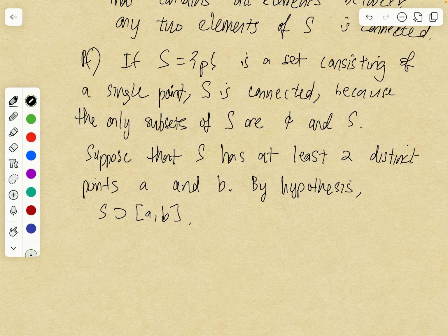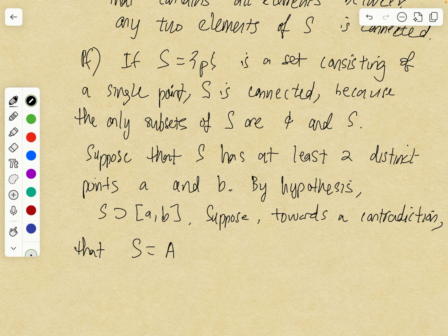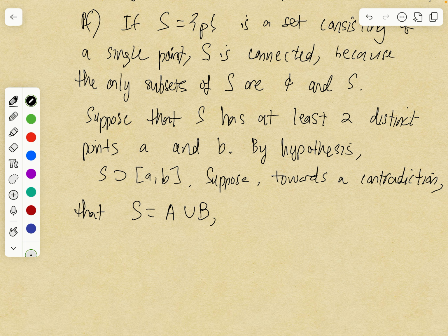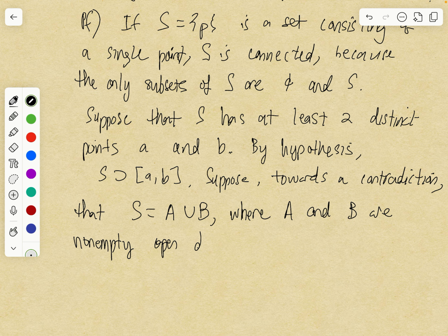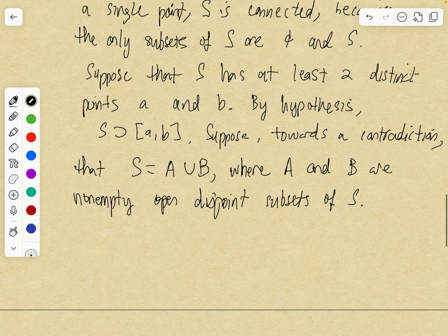And we have some subset that we know is connected. So suppose towards a contradiction that we can write S as A union B, where A and B are non-empty, open, disjoint subsets of S. Then we intersect it with the closed interval from a to b.